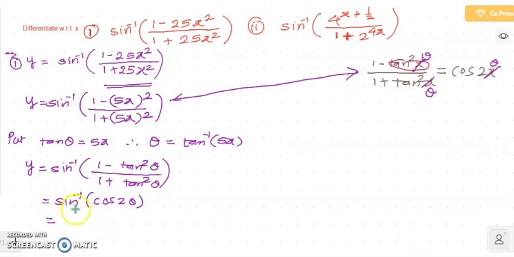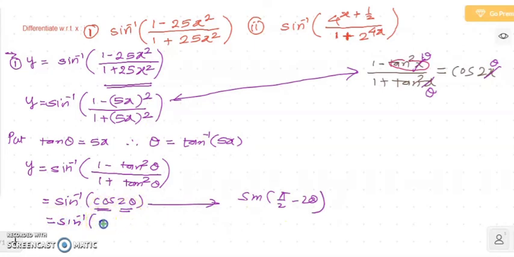We can make an arrangement. Sine inverse of sine 2 theta would have been what we required, but cos 2 theta can be written as sine of pi by 2 minus 2 theta. You can make this arrangement anytime. So sine inverse of cos 2 theta is written as sine inverse of sine of pi by 2 minus 2 theta.